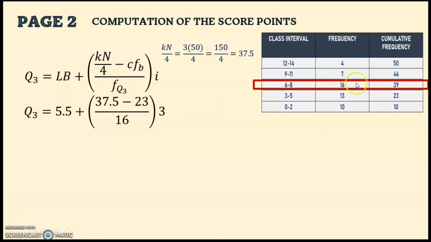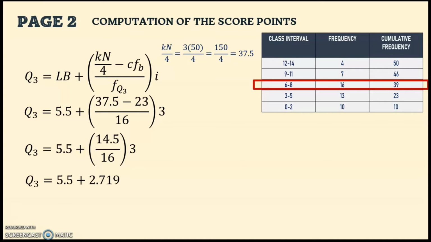Frequency of the third quartile, 16. Then i, the interval, 6, 7, 8. So, tatlo. So, 3. So, simplify. 37.5 minus 23 is 14.5. Divide it by 16 and multiply it by 3. So, we have 2.719. Add it with 5.5. So, the third quartile is 8.22 hours.